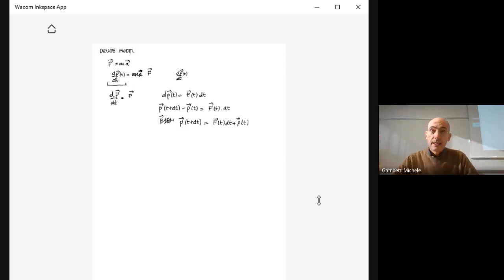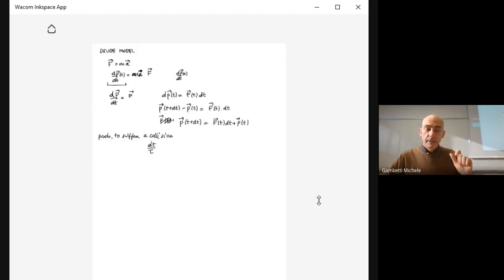At this point, the idea is, what is the probability to suffer a collision from time t to time t plus dt? As we saw yesterday, the probability is dt, the amount of time, divided by the relaxation time.